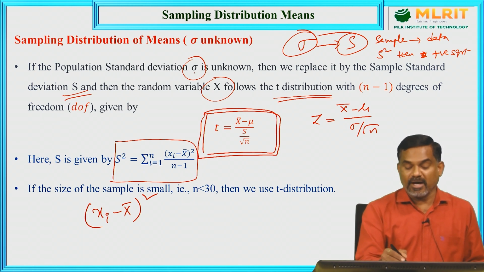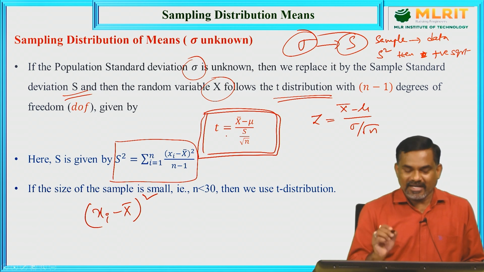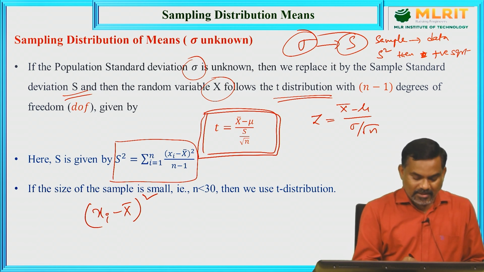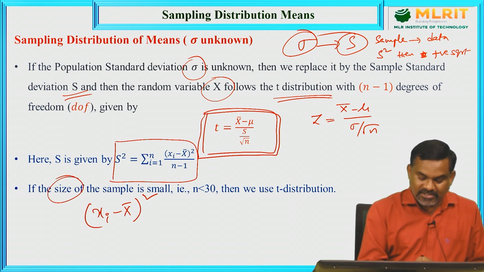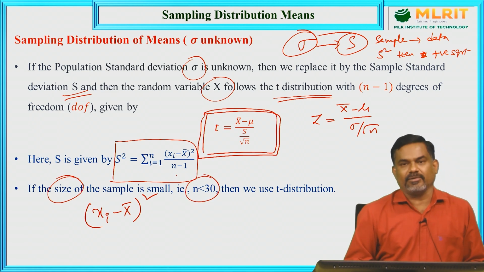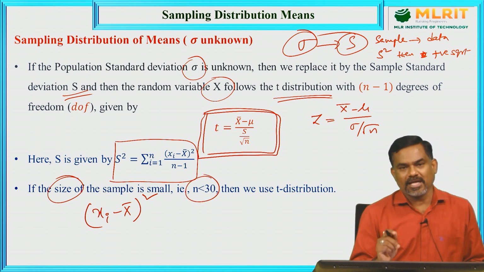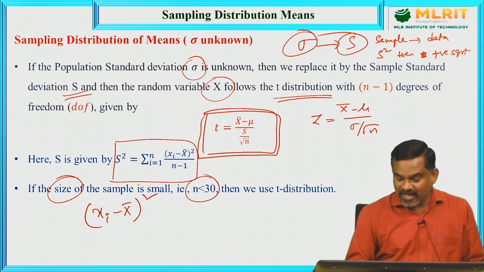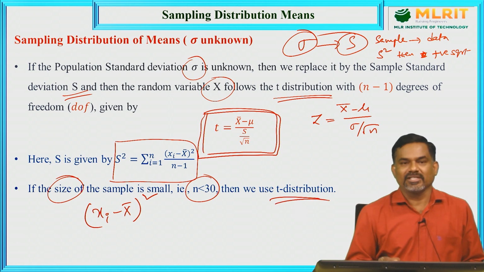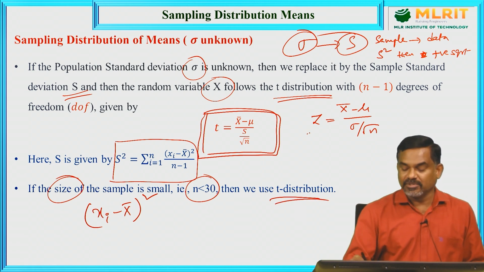So if sigma is unknown, simply we replace it by s. And the main important point is, particularly if the size of the sample is less than 30, that means the sample is a small sample, then we use the t distribution. If the sample is a large sample, then we use the z distribution, even though sigma is unknown, you can replace it here by s.